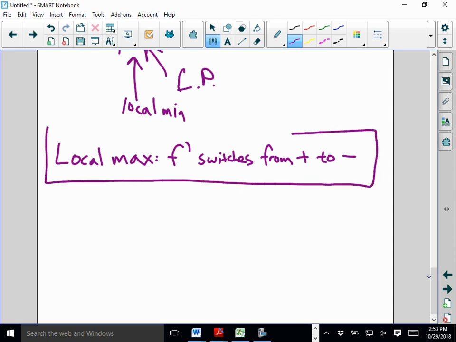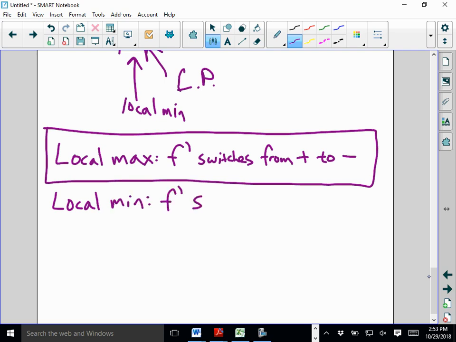It's something that needs to be memorized from now until we take the AP test. A local min, however, is the reverse. F prime is still switching, but it switches from minus to plus.